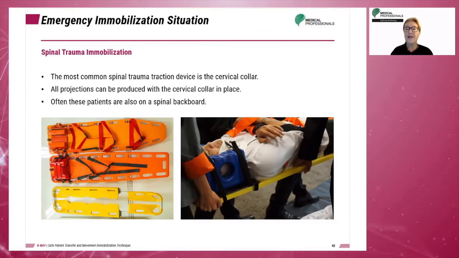The cross-table lateral, AP, and AP open mouth projections may be performed to evaluate the cervical spine during a cervical trauma examination. These projections are obtained with the collar in place. The collar should not be removed until the images are cleared by a radiologist and confirmed that it is safe to move the patient without the collar.